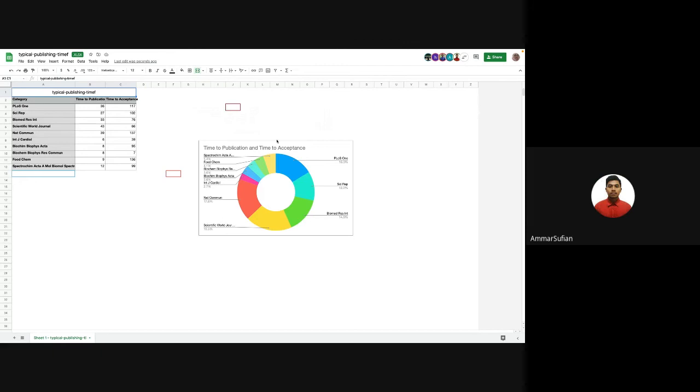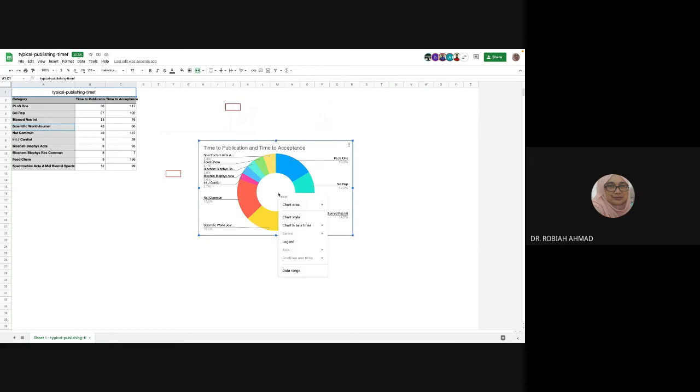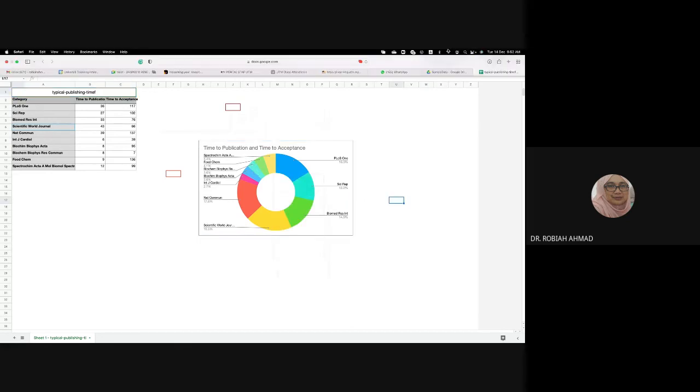Siapa yang buat donut graph? Bagus juga, saya nak dapat different style and then we can discuss. If it is all the same, it is not okay. Ni siapa punya ni? Tak boleh nak share. Ada seorang yang buat donut chart di sini.